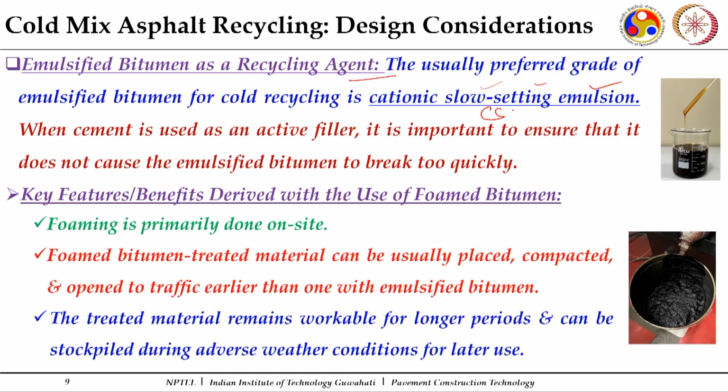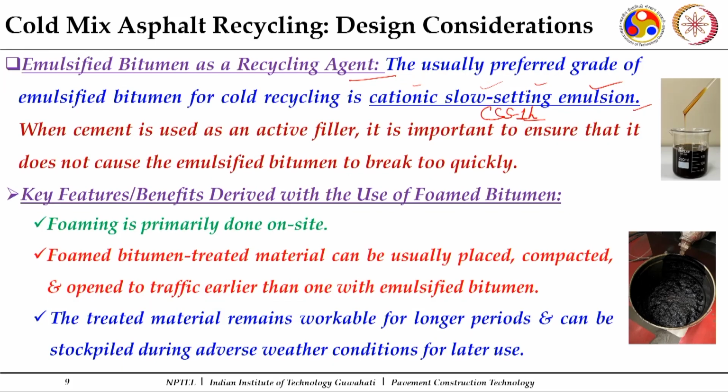So you can prefer to use cationic slow setting with, say, 1H, where H represents the harder base binder. This can be used if you find that the binder on the wrap is a softer one, then emulsified bitumen having a stiffer base binder can be used, and the most preferred grade is cationic slow setting emulsions.